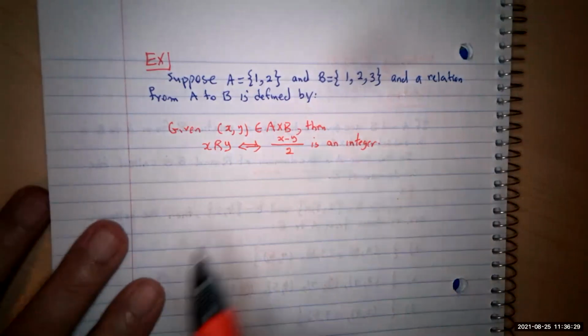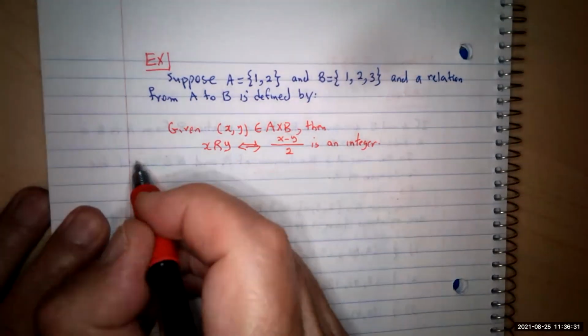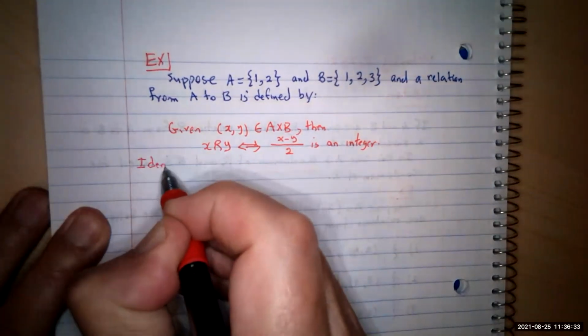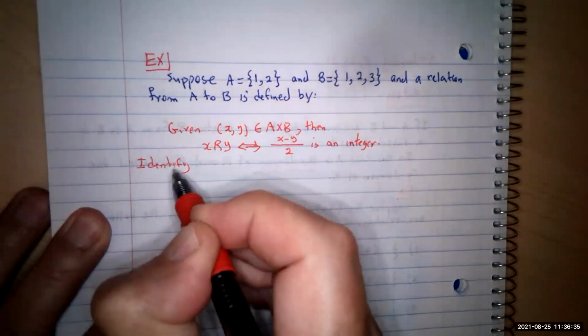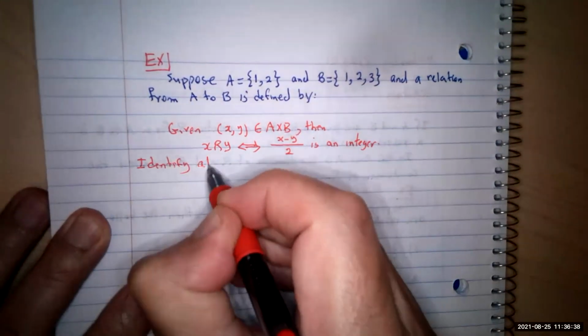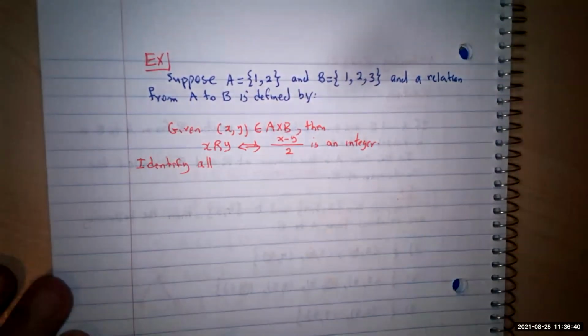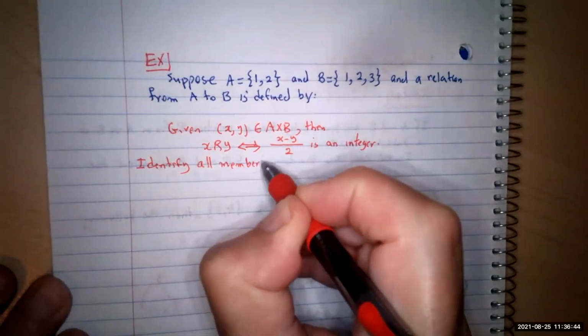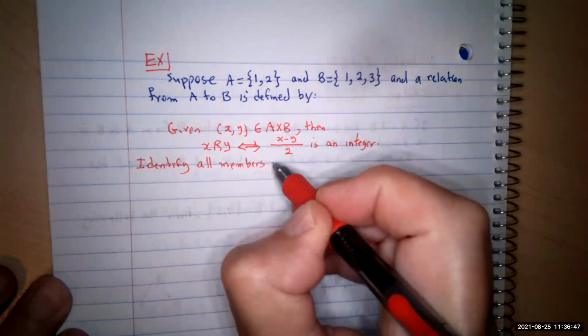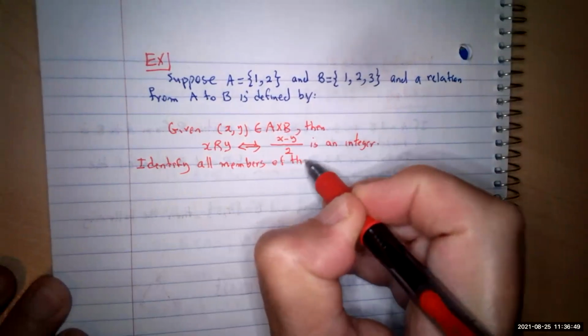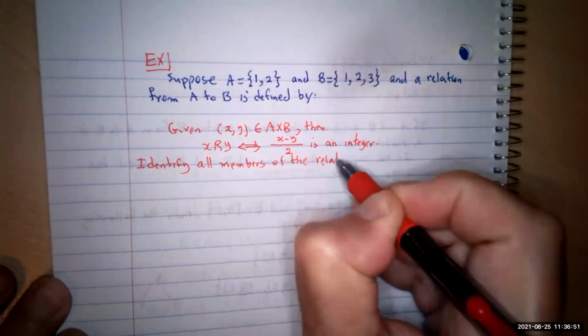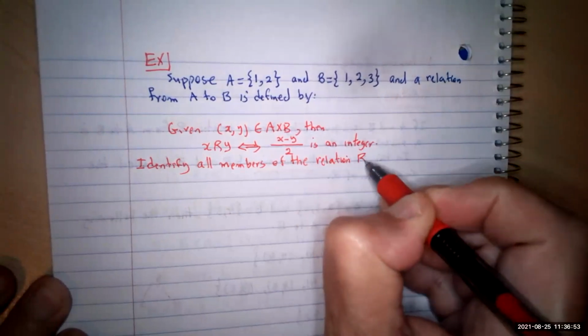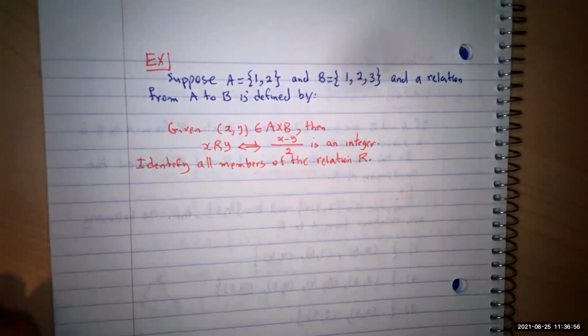So what they ask you to do is identify all members of the relation R. You have 4 of these in your textbook as your assignment for this section.